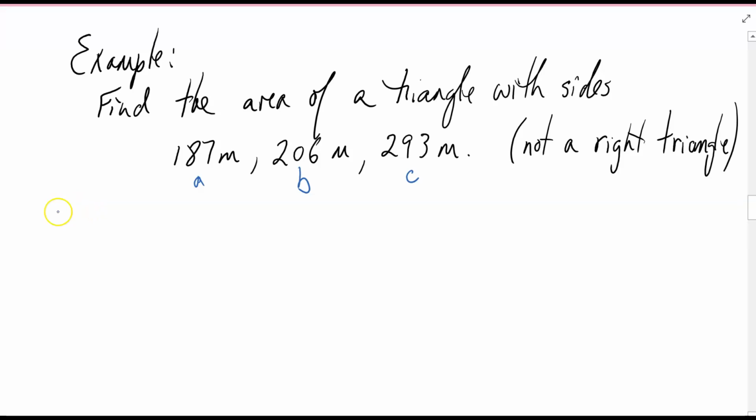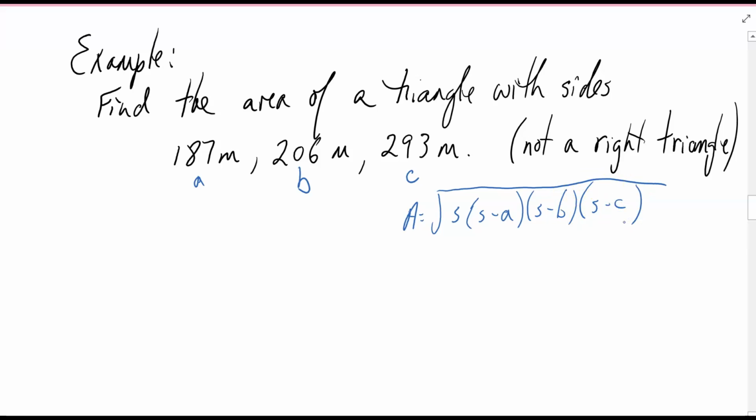So remember, Hero's formula was area equals the square root of S times S minus A times S minus B times S minus C. Before we do that, we must calculate S, which is A plus B plus C over 2.